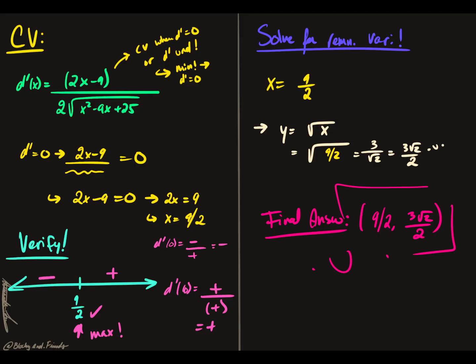If you don't know how I got from here to here or here to here, check your algebra. Okay, cool. So your final answer, your point is going to be 9 halves, comma, 3 root 2 over 2. Easy money. No notes.